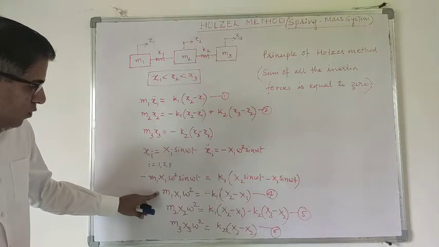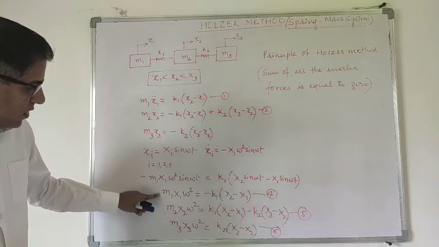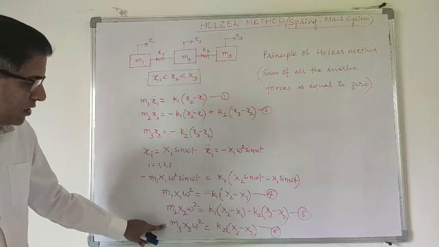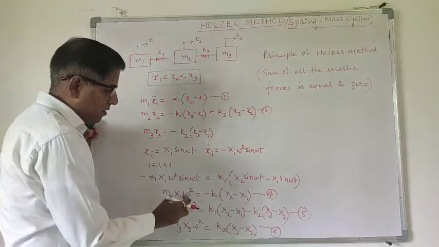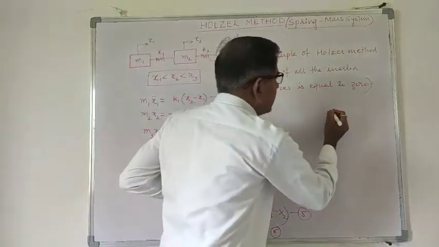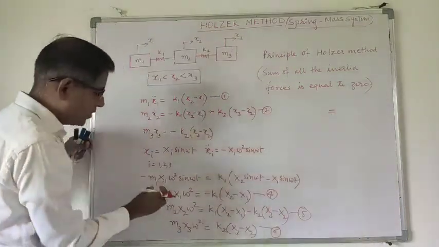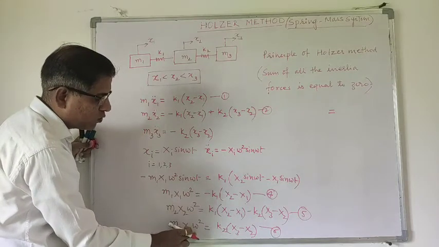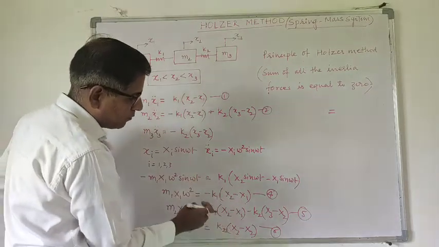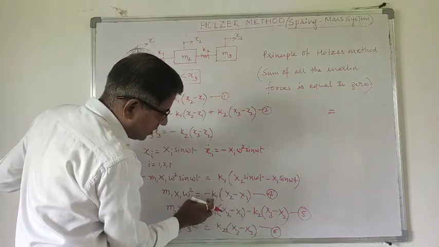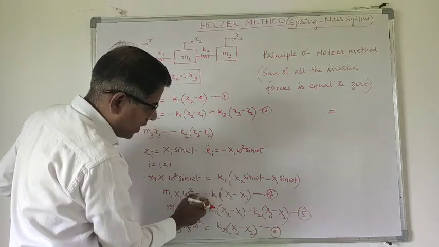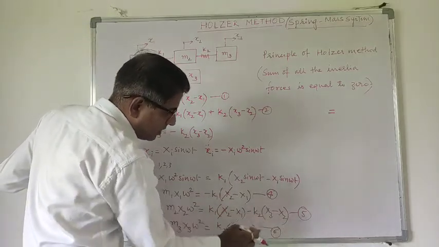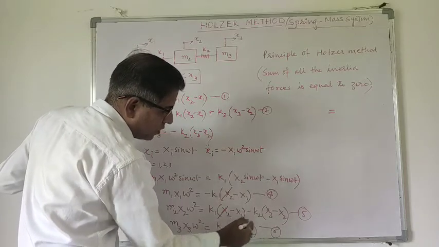So if you add these 3 equations, then this side of the equal to sign is m1 x1 omega square plus m2 x2 omega square plus m3 x3 omega square. And on the right side, now this k1 (x2 minus x1) is minus, so this will get cancelled, and minus k2 (x3 minus x2) and plus k2 (x3 minus x2), this will get cancelled.